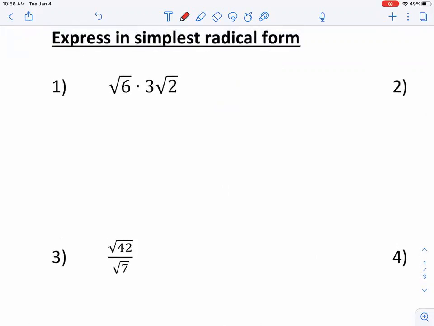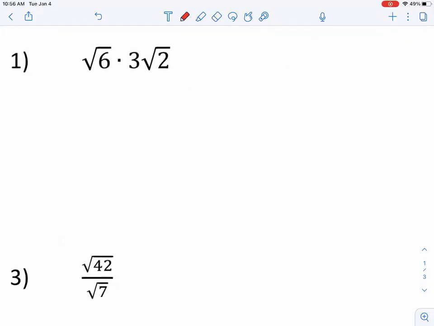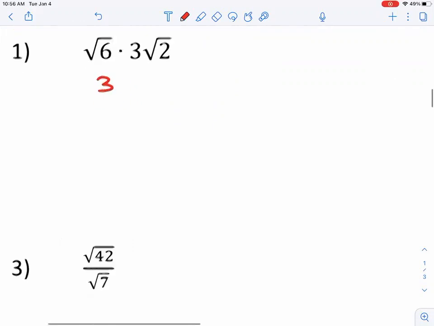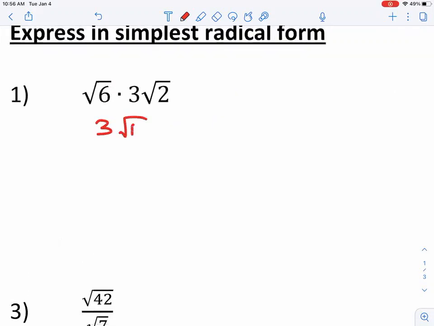The first thing is things that are underneath the radical, like the 2 and the 6, we can multiply those and write that as 3 times the square root of 12. I got 12 by doing 2 times 6. And I got the 3 from this guy. So this is one way to do it, is to multiply them together.